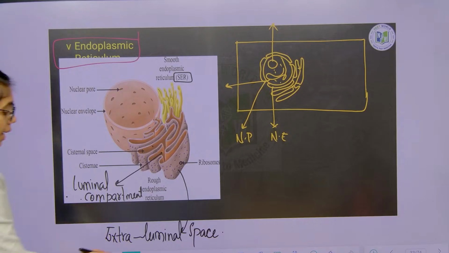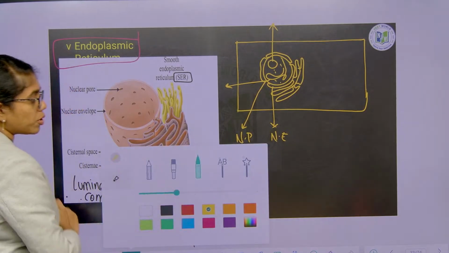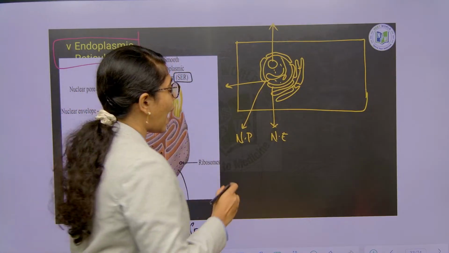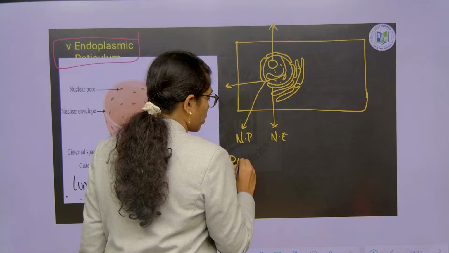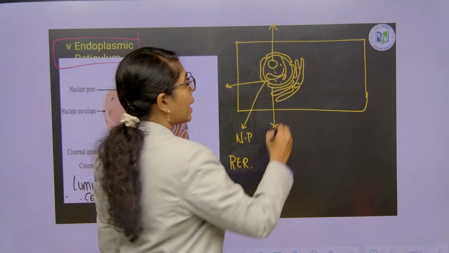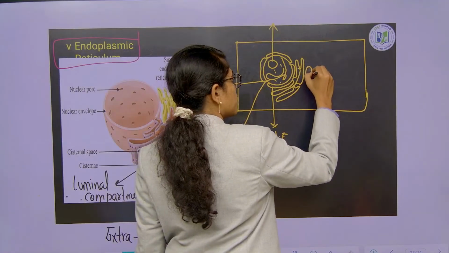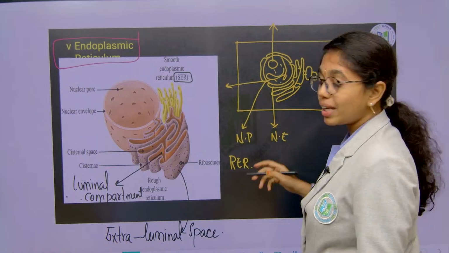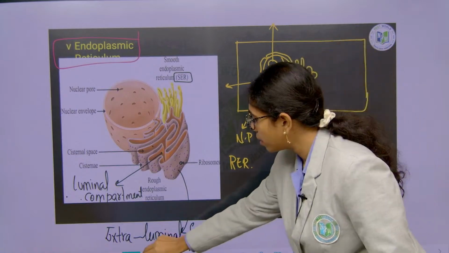The major role of ribosomes is to synthesize proteins. So, RER will synthesize proteins. Over RER, ribosomes are attached like this. Ribosome is attached by what protein? Ribophorin protein.